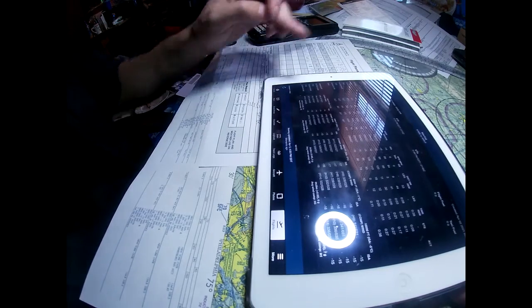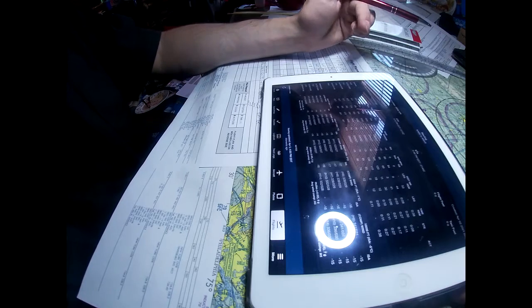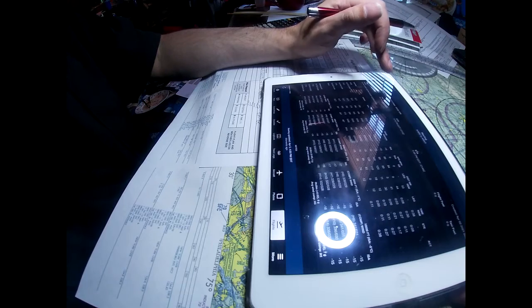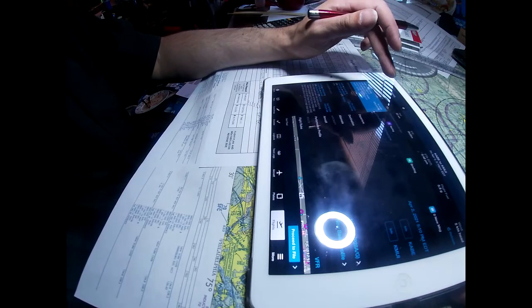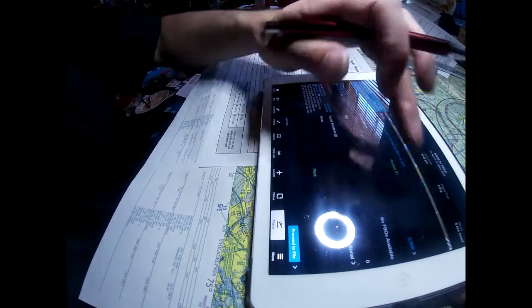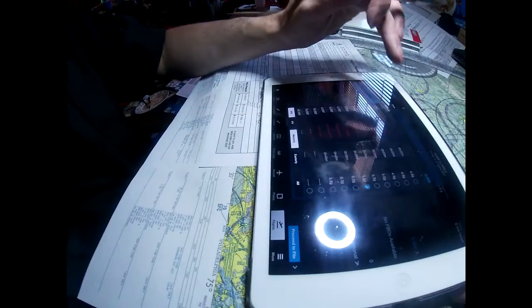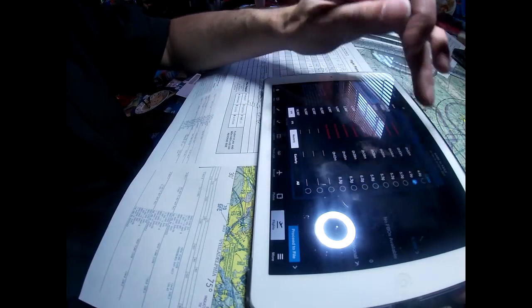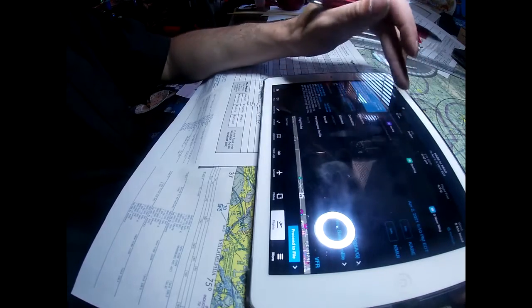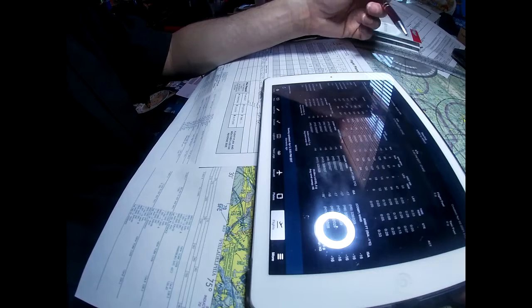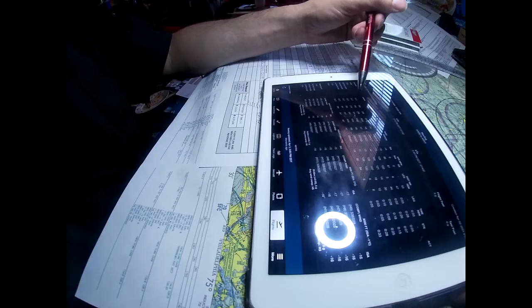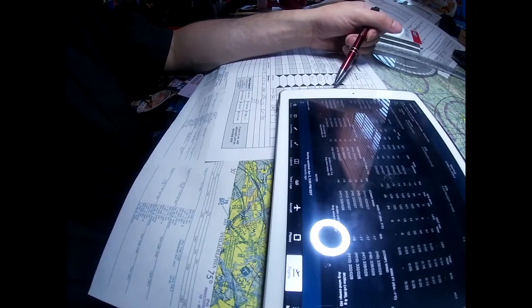What altitude is this? 5,500. Oh, we gotta go back. We're going to pick 3,000, 5 knots headwind. That's better. 282, 282, 279. We picked 276.